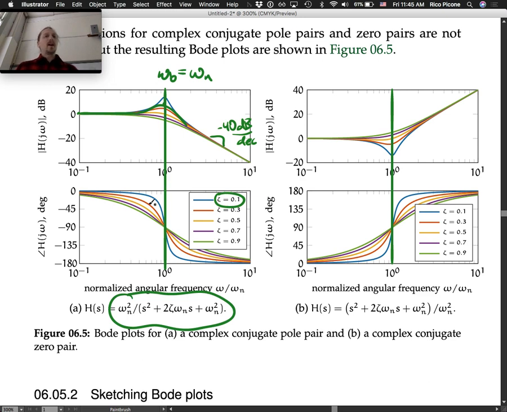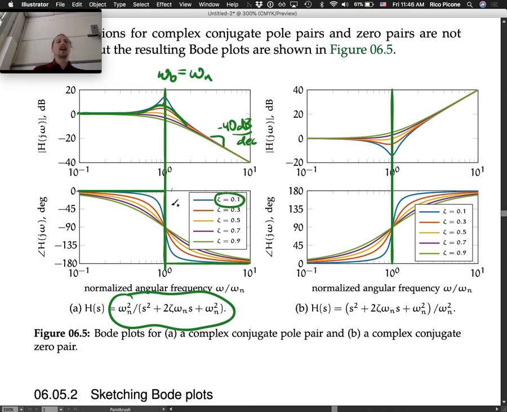On the phase plot, this one's a little tougher, but typically what we'll do is say if you have low damping, we say it's 0 degrees as a straight line up to the break frequency, at which it drops 180 degrees, and then it flatlines at negative 180 degrees. And then you round it based on what your damping is.